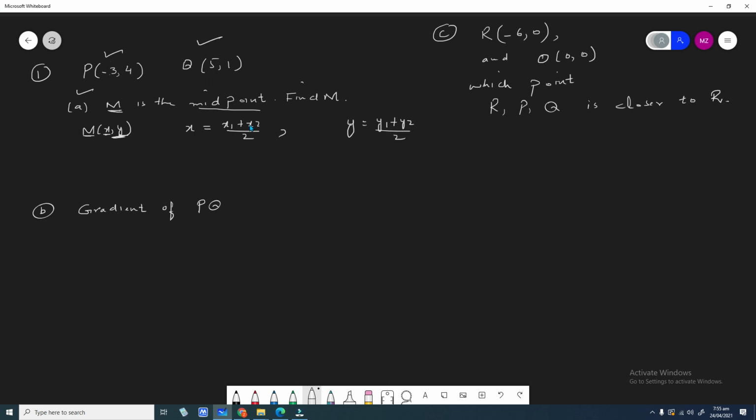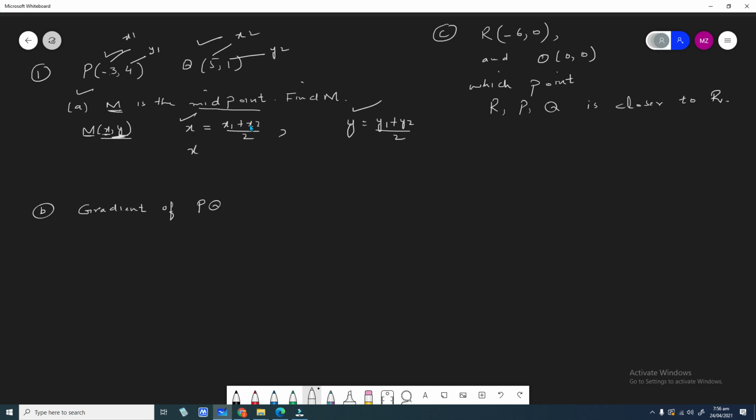So this is our x1, this is our y1, this is our x2, and this is our y2. We need to put these values in these two simple relations in order to calculate the midpoint M(x, y).